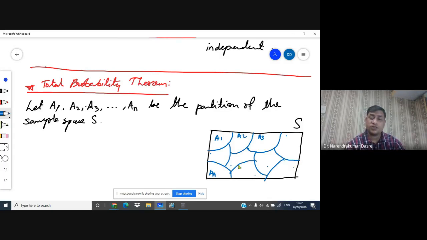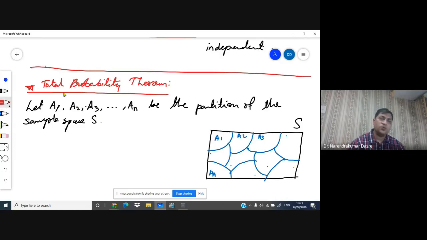So this is the partition of the sample space. You can see all these events are disjoint. No element is common between A1 and any other set, or A2 and any other set, and so on. So their intersection is empty, but their union is S. That's why they form a partition of the sample space.